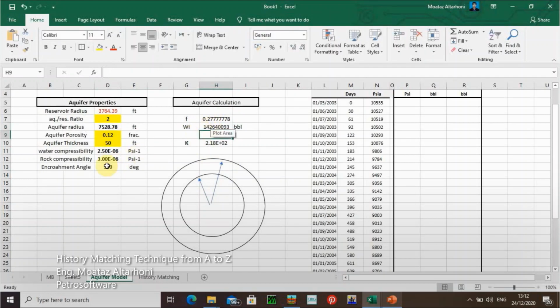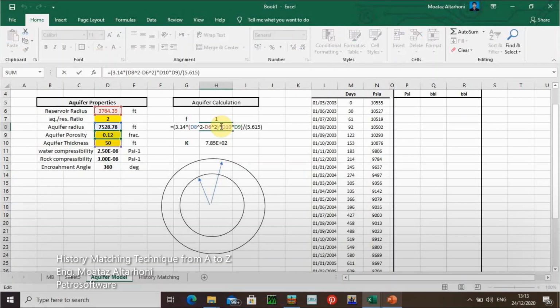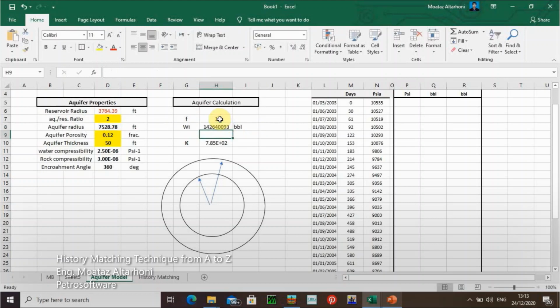So we can see here, if I increase the angle, for example, if this value is very, very high, I still need to use the fraction.